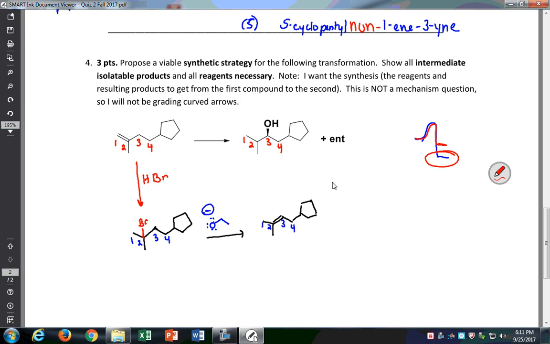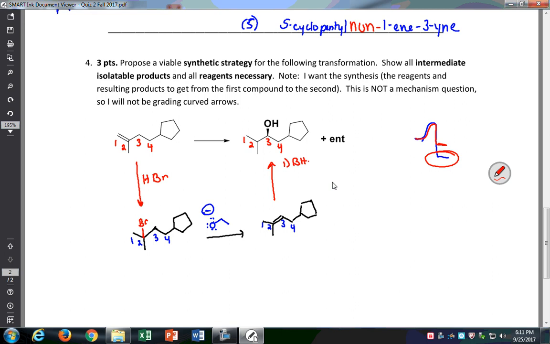Now that we have our double bond, we have functionality on carbon 3. So we can add a hydrogen on carbon 2, which is what we have in our final product, and we can add an alcohol on carbon 3 because we have reagents to do that. And that's our hydroboration oxidation. So our BH3.